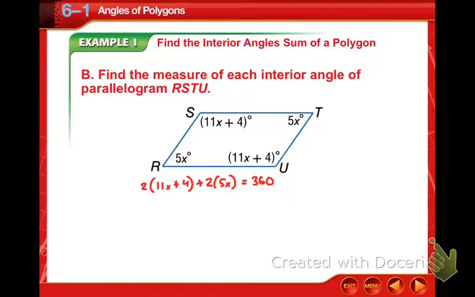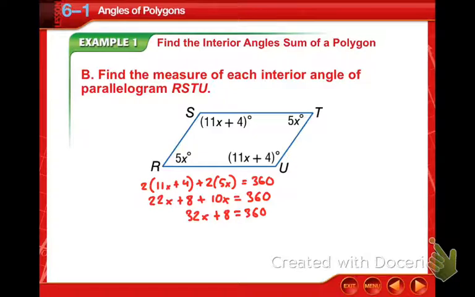So 2 times 11x is 22x, and 2 times 4 is 8, plus 2 times 5x is 10x, equal to 360. When we combine like terms, 22x plus 10x is 32x, plus 8 equal to 360.